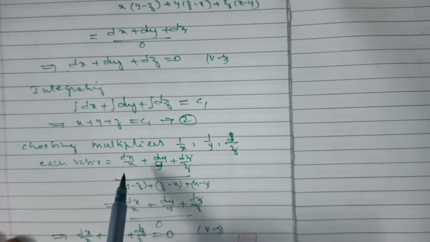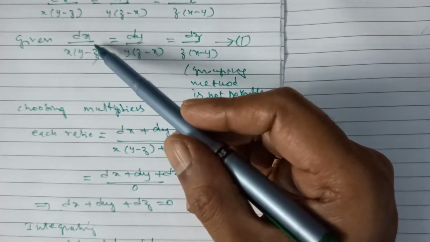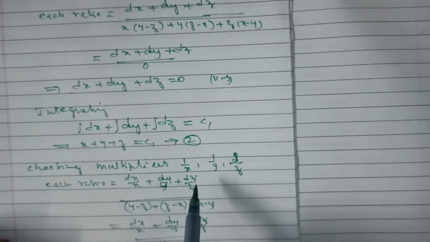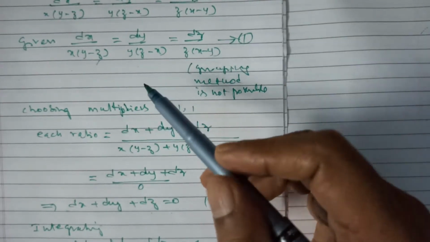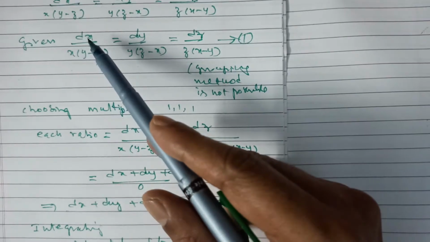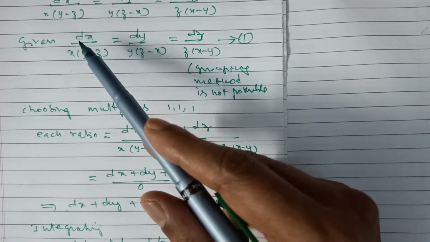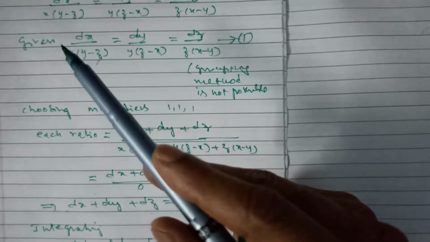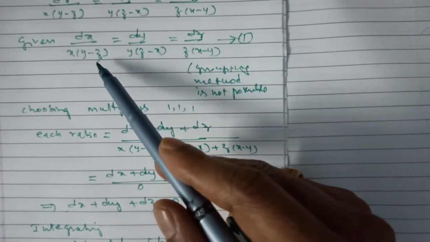Now each ratio is equal to the numerator dx by x plus dy by y plus dz by z, divided by the denominators. Multiplying 1 by x with the numerator and the denominator, 1 by x dx is dx by x, and 1 by x into x times (y minus z) means x is cancelled, leaving only y minus z.